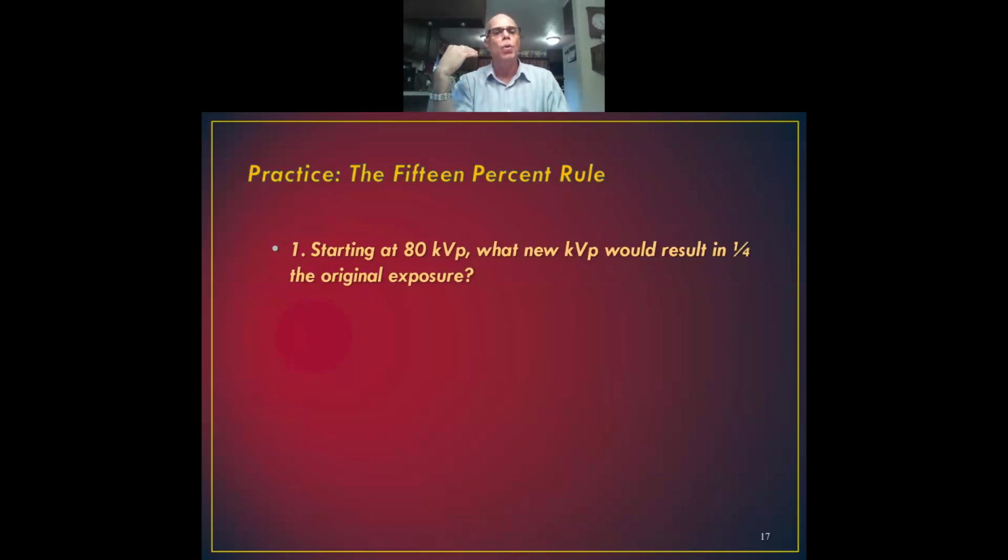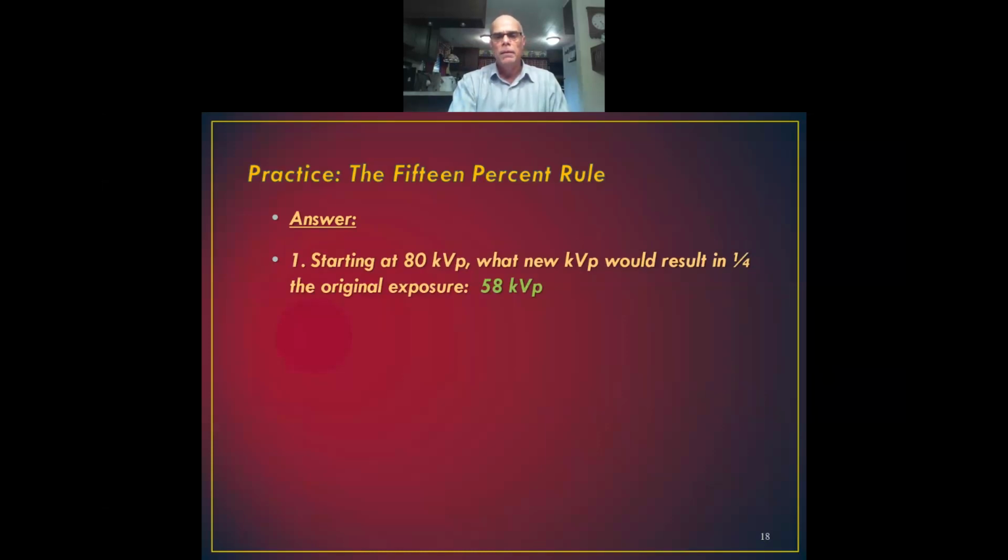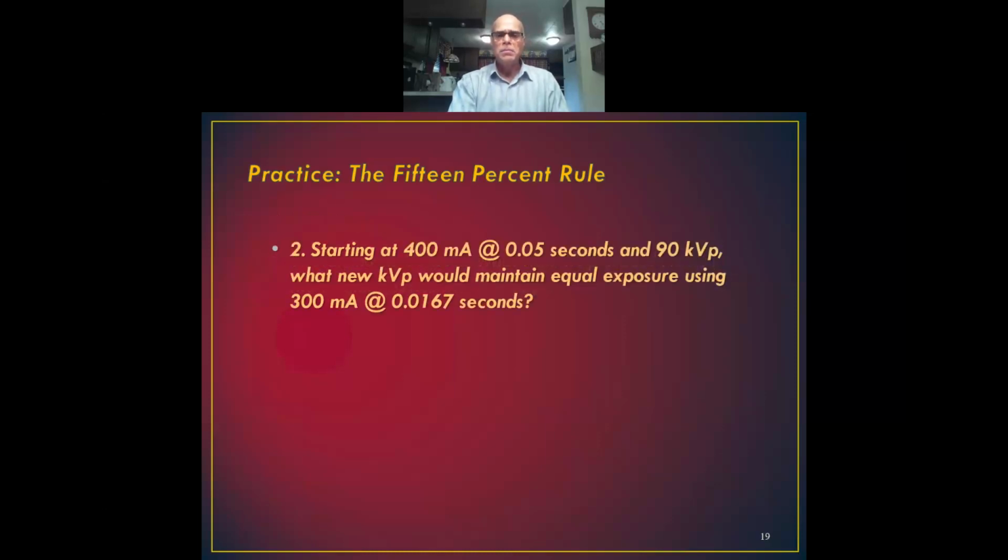You subtract 12 from 80, which gives you 68. That's your new kVp. You've stepped it down one time. Now, 15% of 68 is going to give you 10. So 10 from 68 is going to give you 58. That would result in 1/4 of the original exposure of 80 equals 58. Okay, does everybody understand that?